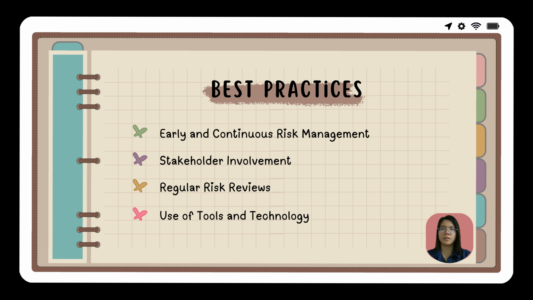The use of tools and technology such as risk management plan, probability and impact matrices, decision trees, and automated risk assessment tools enhance the accuracy and efficiencies of risk management processes, facilitating proactive risk identification and mitigation.